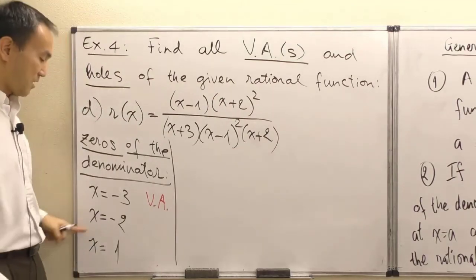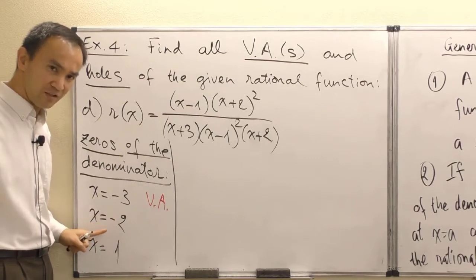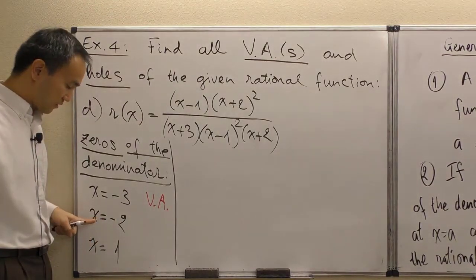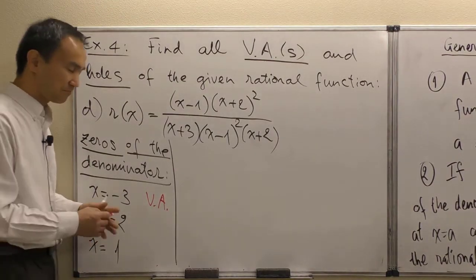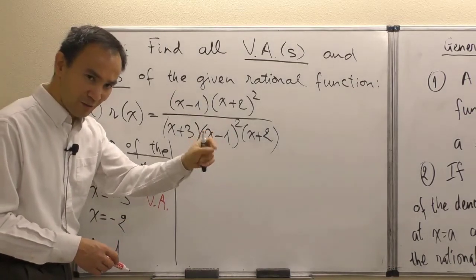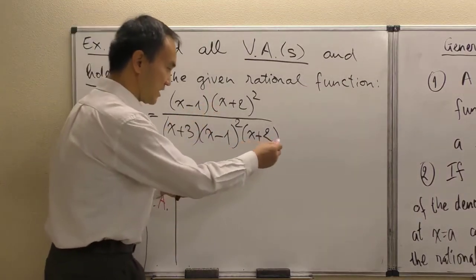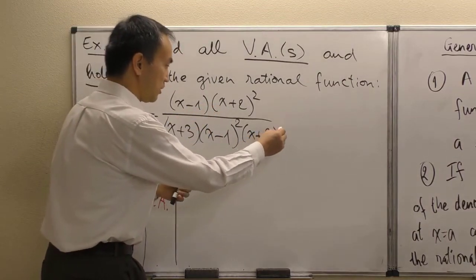Okay, and so now at this zero, x equals -2 right here, we're going to decide, is it going to be a hole or does it stay as a VA?